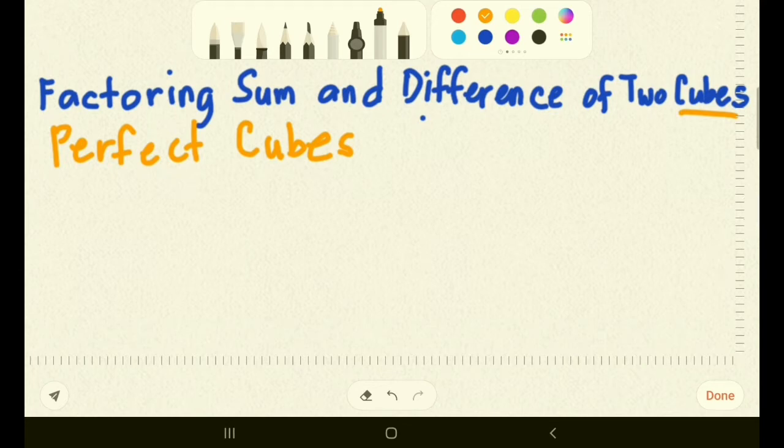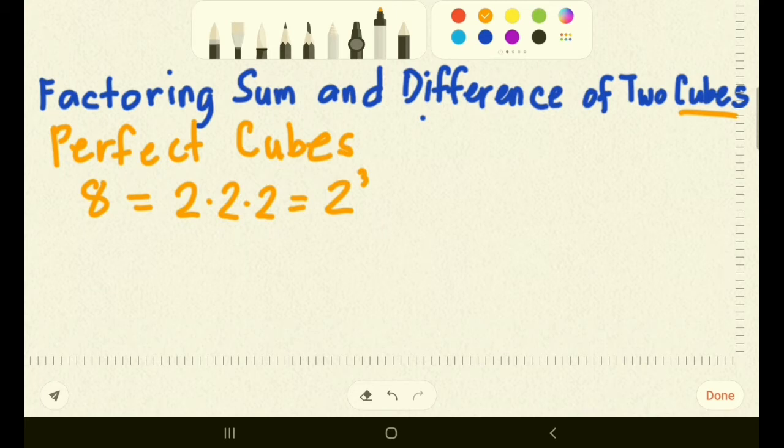Example, 8. That is 2 times 2 times 2, so expressed to the power of 3, this becomes 2 cubed. Meaning 8 is an example of a perfect cube number.